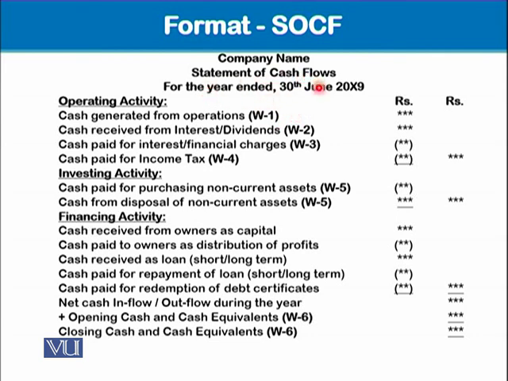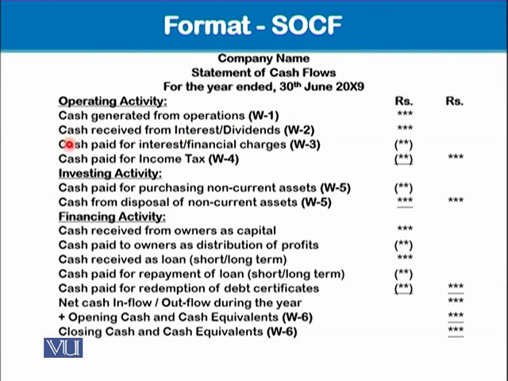As we have already discussed, operating activity belongs to the income statement items. It covers sales, cost of goods sold, and operating expenses. We will see its working in the next module.